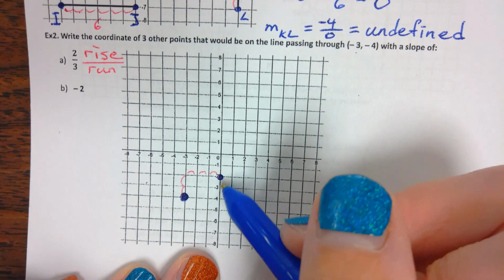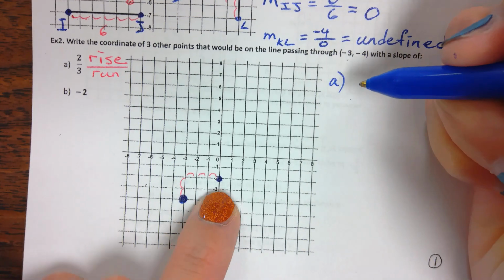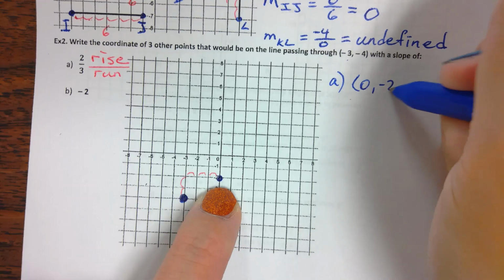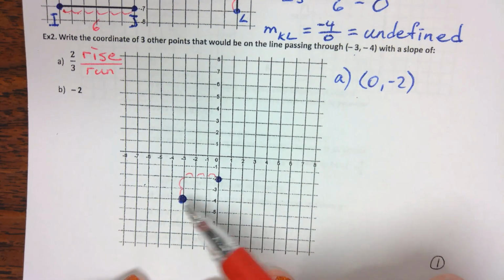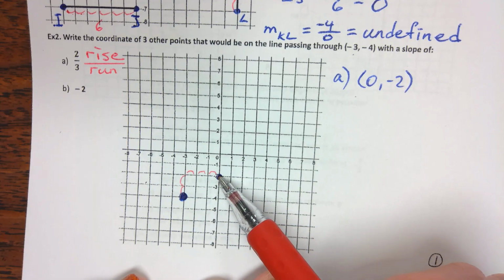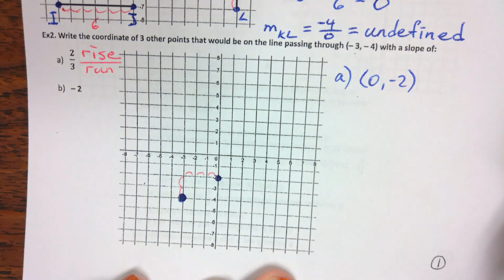Okay, what's the coordinate of this second point? What's the coordinate here, Vincent? 0, -2. Okay, now Andrew went to find Bobby, and then they're both going to look for their other friend.